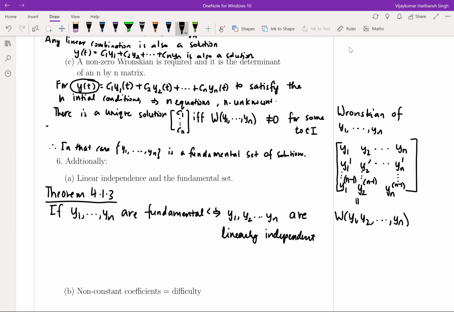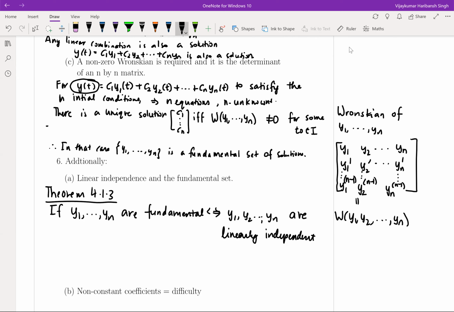So if it's fundamental, then these are linearly independent. If these are linearly independent, you have a fundamental set of solutions. But note, you need n linearly independent solutions to give you the fundamental set of solutions.